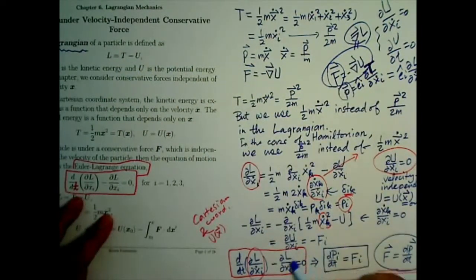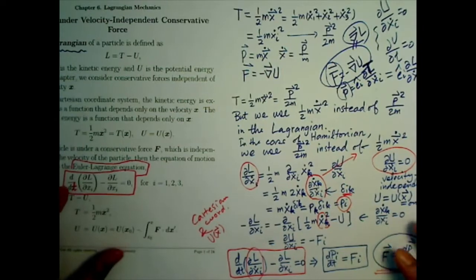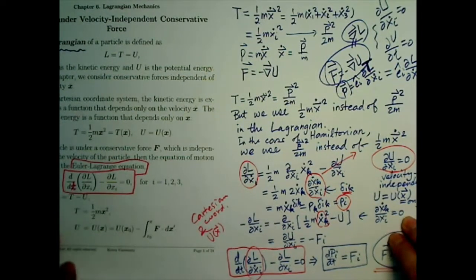So this equation looks complicated in comparison with this, but in the Newtonian case we just memorize this formula, while in this case everything derives from a single function called the Lagrangian. That is the main difference between Newtonian mechanics and Lagrangian mechanics. And this is not the end of the day.